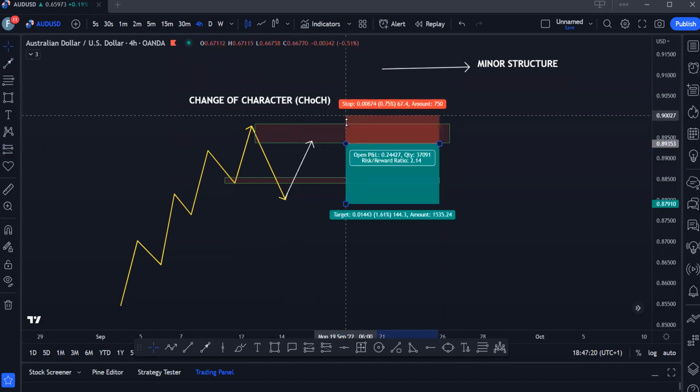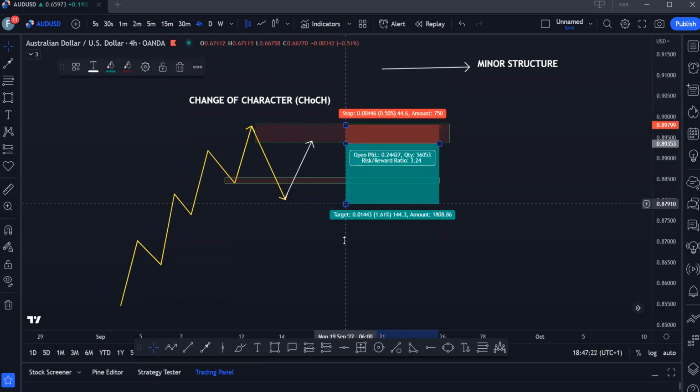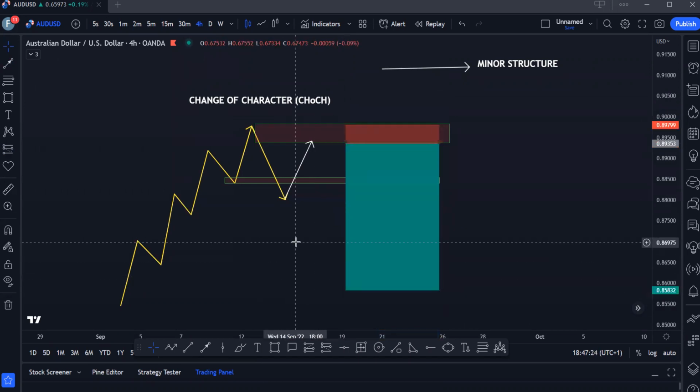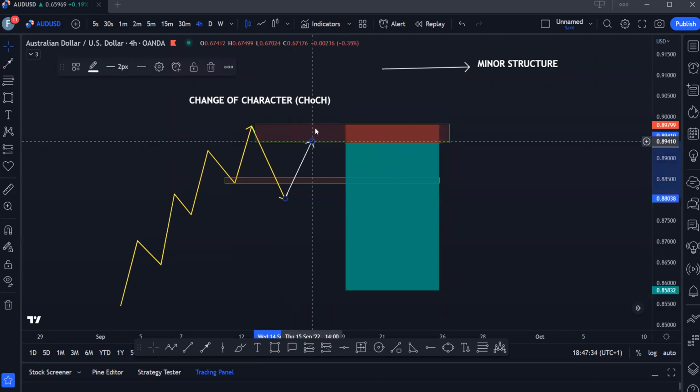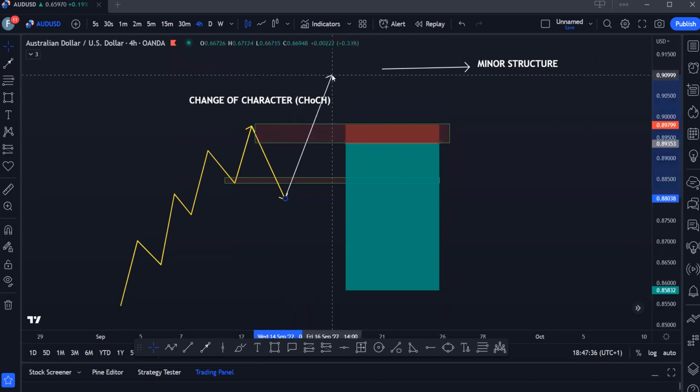So that is change of character right there. Now also, please note that change of character does not work every time, right? So we might expect a sell here, and price might just continue going up, like so. So that means you might lose that particular trade.